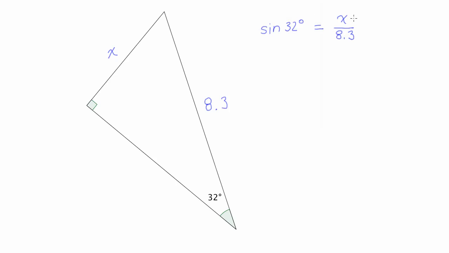Now we can easily solve for x. We simply multiply both sides by 8.3 and we end up with x equal to 8.3 times the sine of 32 degrees.